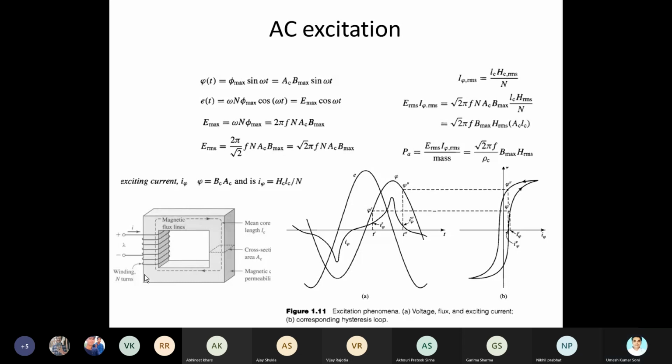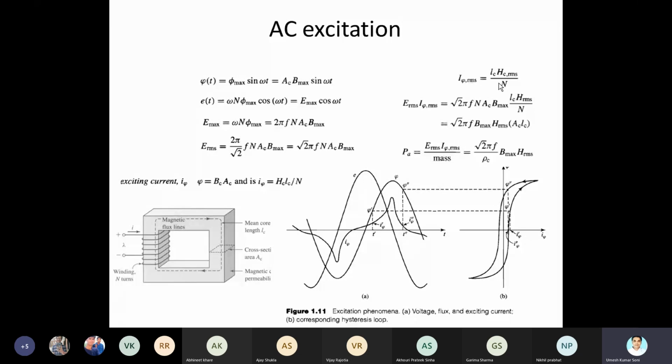So here, in the winding itself, there will be an induced EMF, and that will be E max cos omega t, that is 4.44 f N phi, where we will replace phi with Ac B max. So that is the simple equation, and here you see the total length and flux field intensity at Ac, and total length is lc.